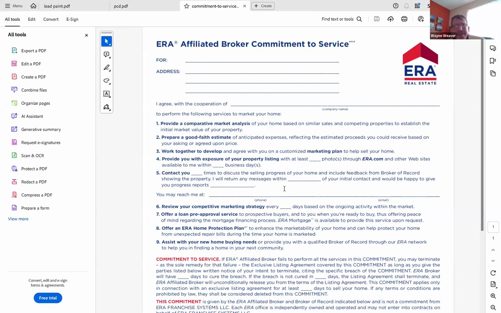Oh yeah, okay. So this one just pulled up as a PDF. What this one is designed to do is give a seller the ability to fire you without any penalty if you're not doing your job.